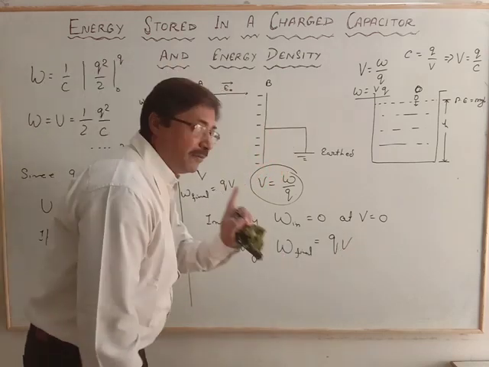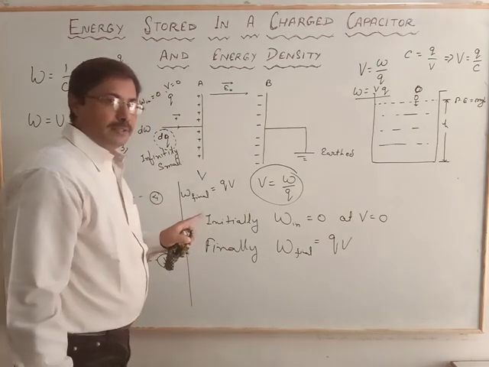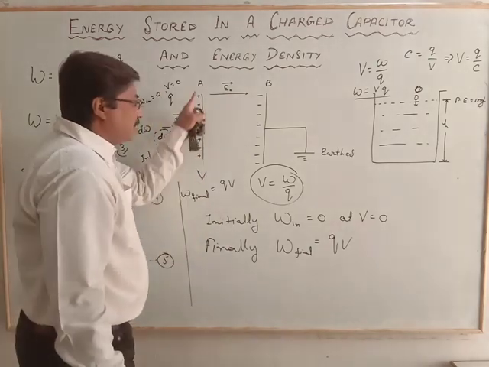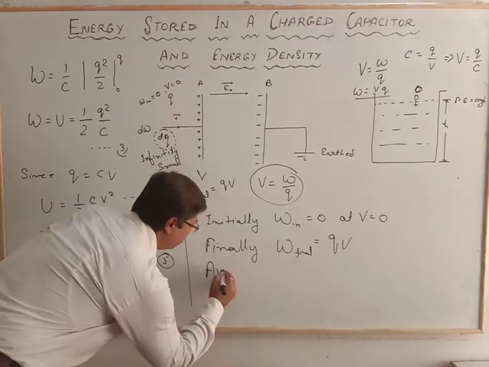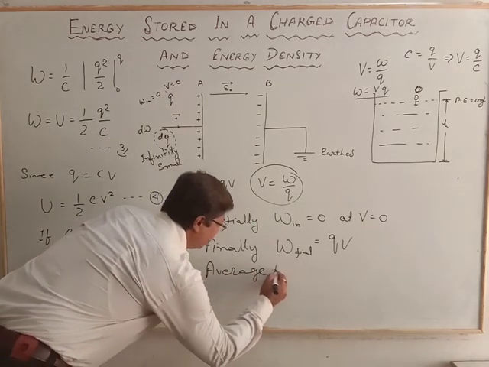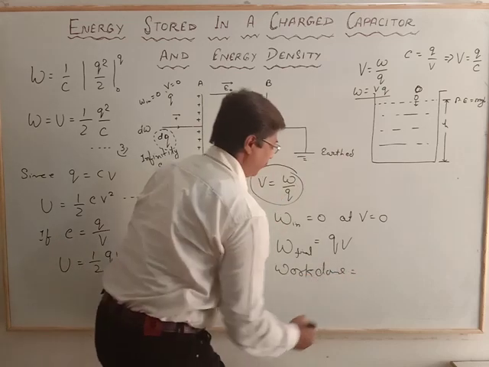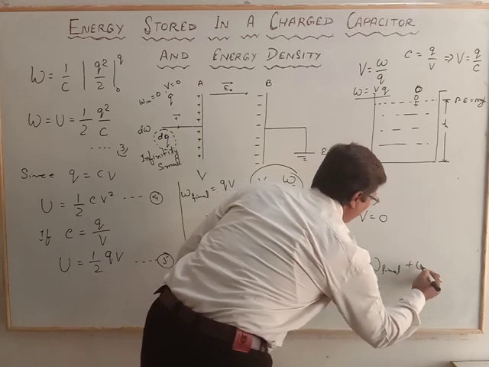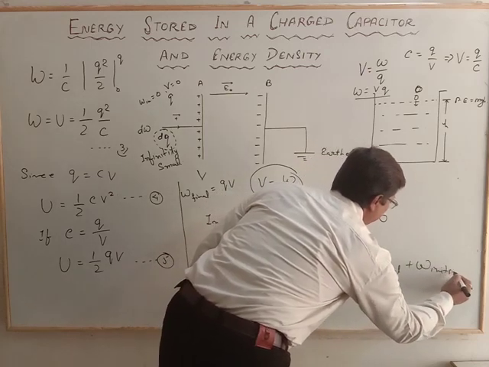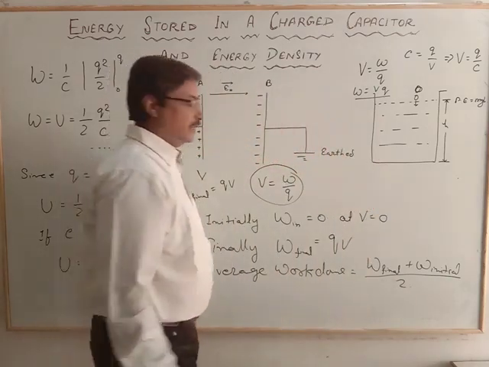Now we will see the average work in this particular process to bring the charge on the plate. So the average work done is given as final work plus initial work divided by 2.